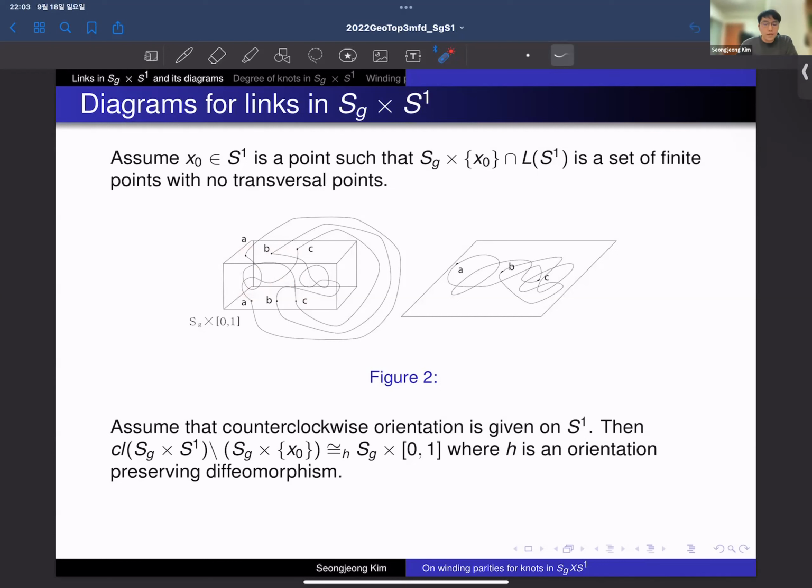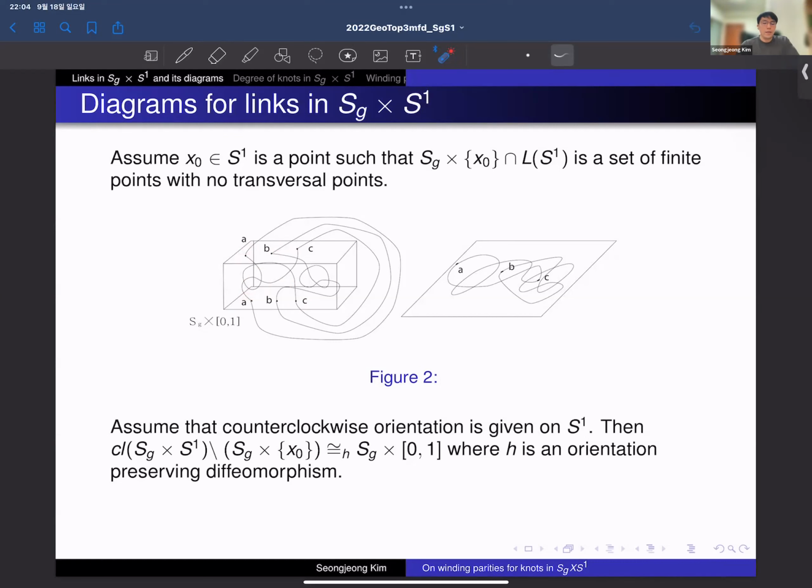Now we can project it onto the plane. Then we get such a diagram with finitely many points, which are related to the boundary points of arcs.